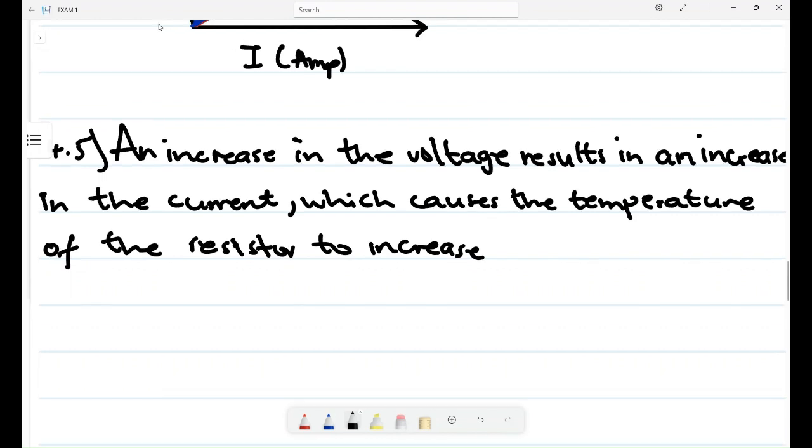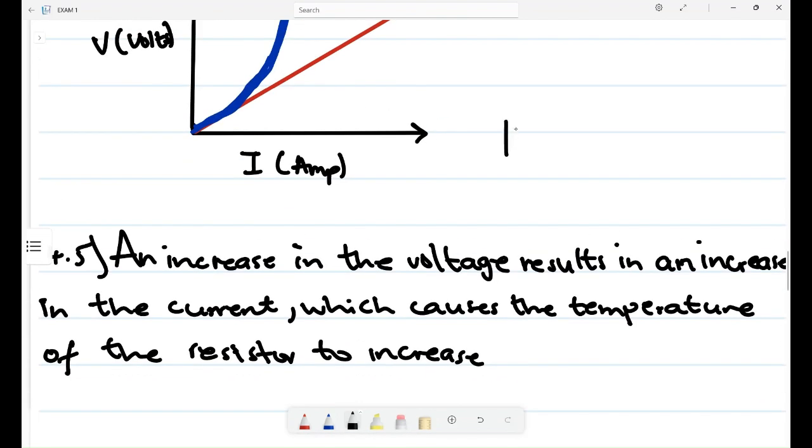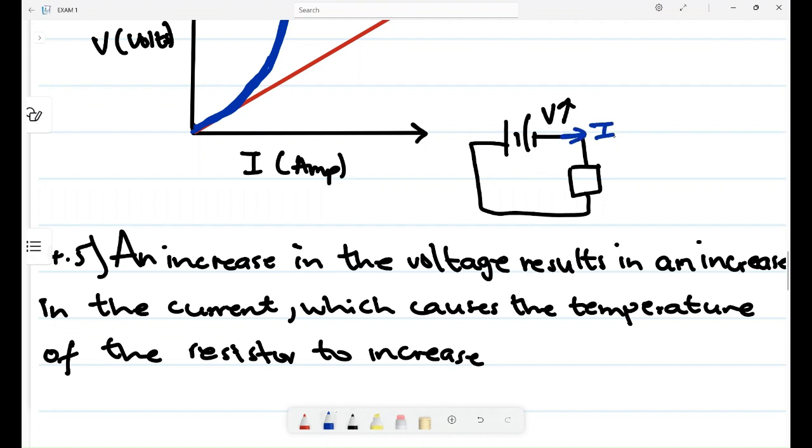Now, practical illustration. You are having your circuit there. Now, your voltage becomes so high. Remember, there is only one resistor. If your voltage increases now, it causes the current here to also increase, right?